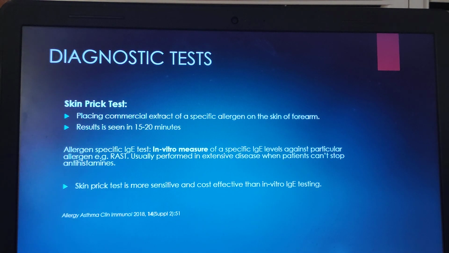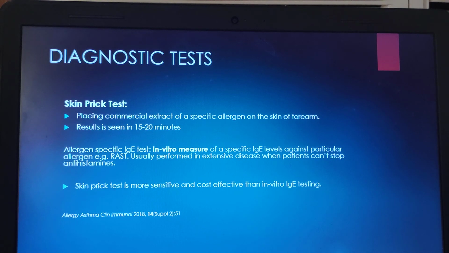Now, the specific diagnostic test, though very commonly discussed but not performed in most centers, is the skin prick test. This is a very specialized test where the specific allergen is placed on the skin of the forearm, and then the result is seen after 15 to 20 minutes.